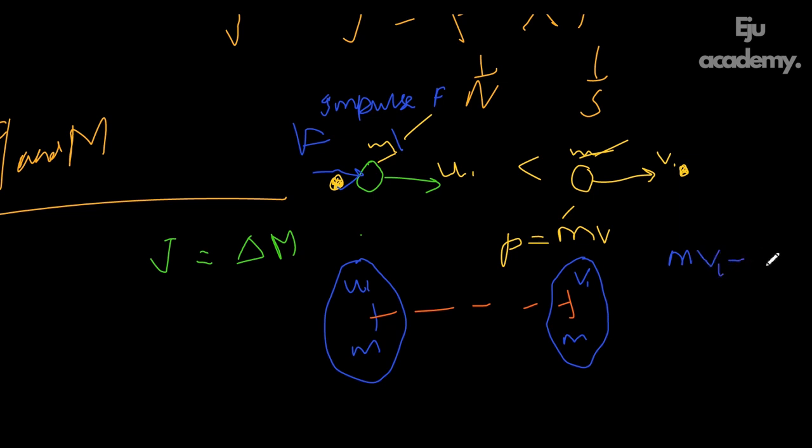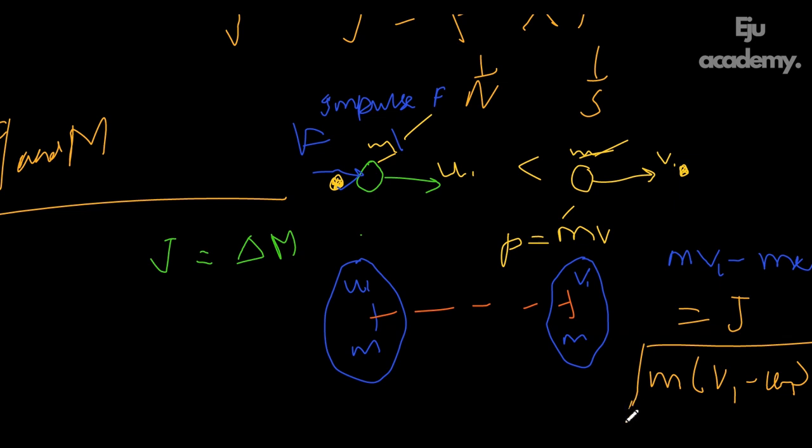If we subtract these two things, mv1 minus mu1 is going to give us impulse, which is denoted by J. So if you take the mass out, final velocity minus initial velocity gives us J, which is the impulse. I guess it's clear now.